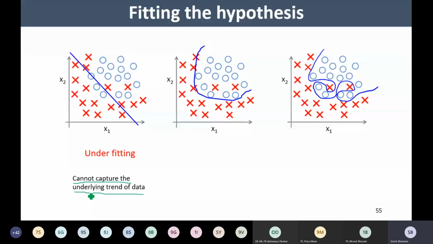If I have non-linear data and I try to fit a linear function, then this linear function may not be suitable for that data. So this concept is known as underfitting. I hope you have understood this. If you have any doubts, please let me know.